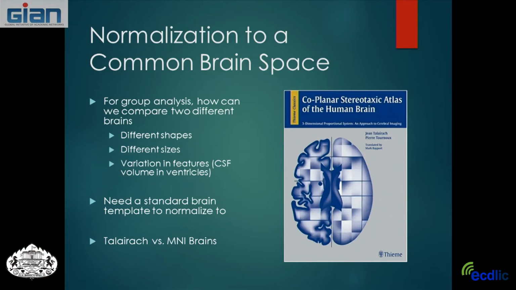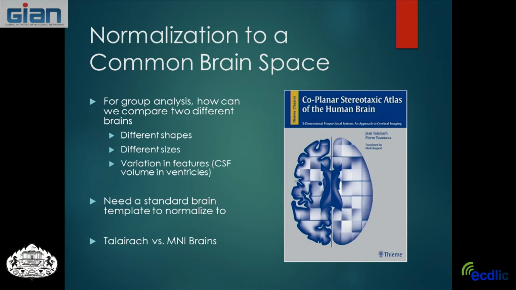So if you remember, we talked about normalizing to a common brain space for group analysis. This allows us to compare brains that are different shapes and different sizes. It also allows us to compare brains that have different features such as cerebrospinal fluid volume and things like that. But we're warping the brain, so we're distorting everybody's brain.